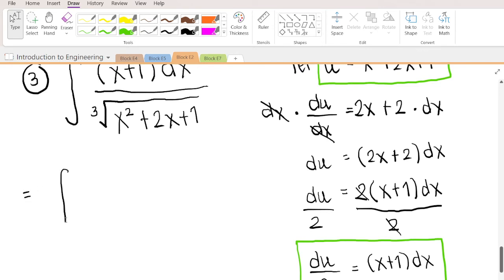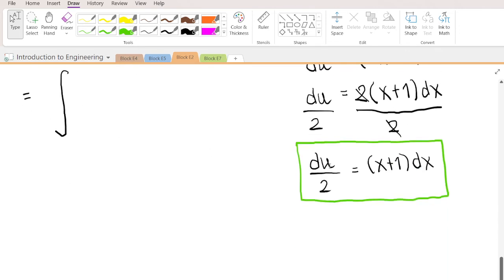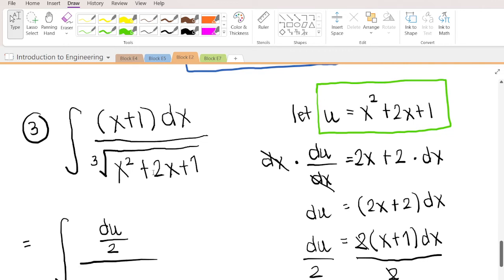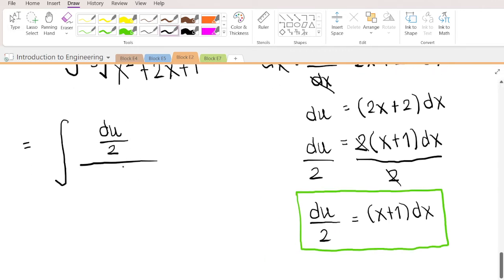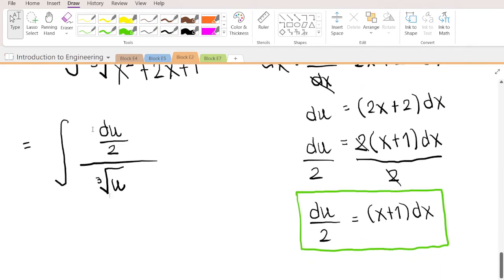So we have the integral of, so x plus 1 dx is equal to du over 2. So that's what you're going to write here: du over 2, and then over the cube root of x squared plus 2x plus 1. So you will just write there cube root of u. Okay? So it's now simplified.